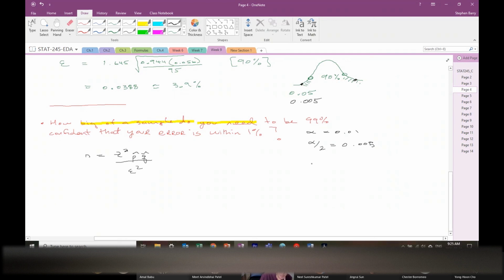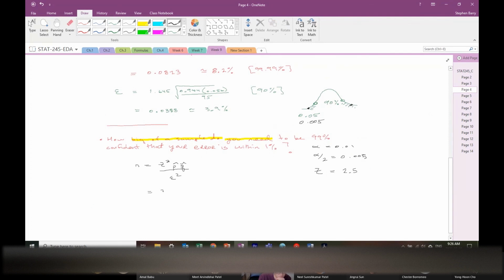And when you look that up, and again, let's assume that we have the same values here. So an error within 1%, again, make sure you convert this to a decimal.